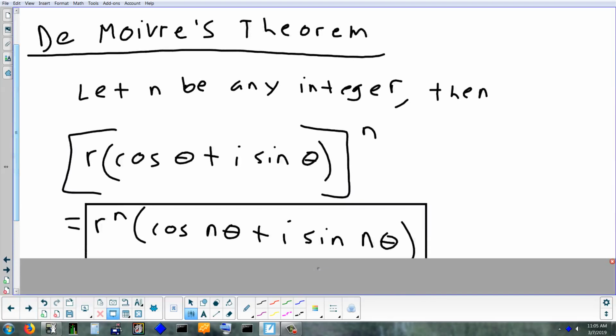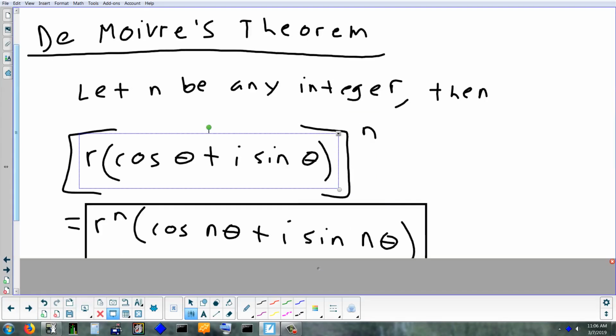So if you want to take any complex number in trig form, it's got to be in trig form, and raise it to an integer, 6, 7, 8. This doesn't really work like if you had decimals. I'd have to double check if it works for decimals. I'm not 100% sure off the top of my head. But we're only going to use it for integers anyway.